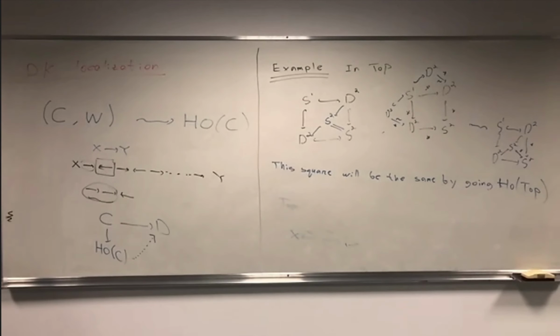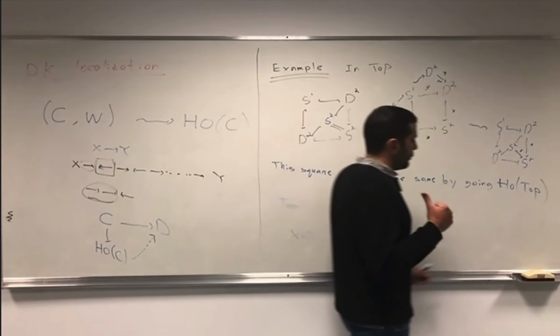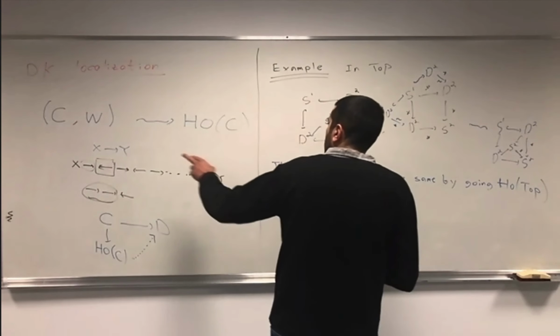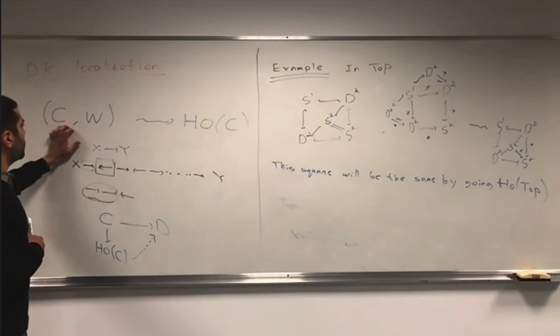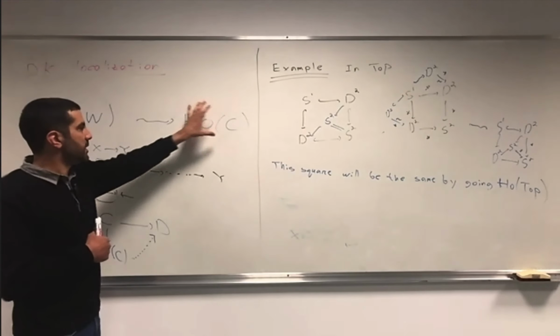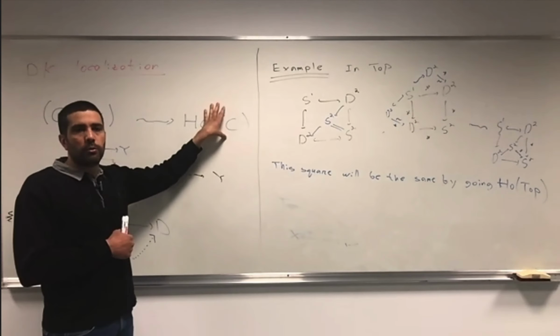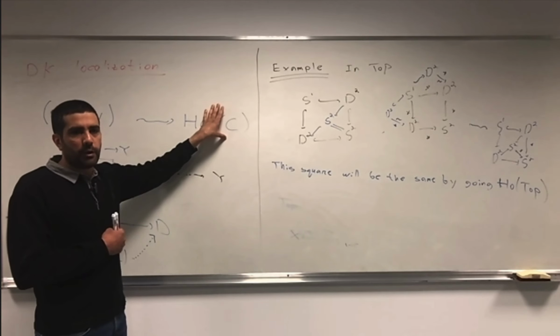So the idea of Dwyer-Kan is that we have a category in which we try to put the homotopy information, but a category is not good for putting in the homotopy. We need an infinity category, an infinity-one category, in order to do this.